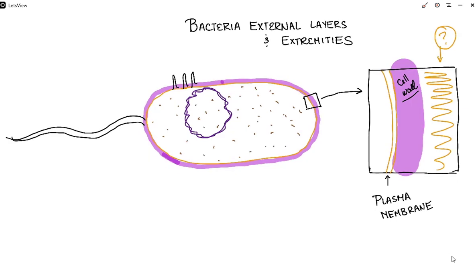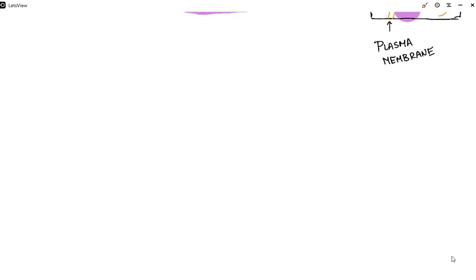So the first thing to note is that when we look at protrusions or extremities, there are really three different types that we might find. The first is flagella or flagellum. A flagellum is singular, flagella is plural. And flagella are used to help move.